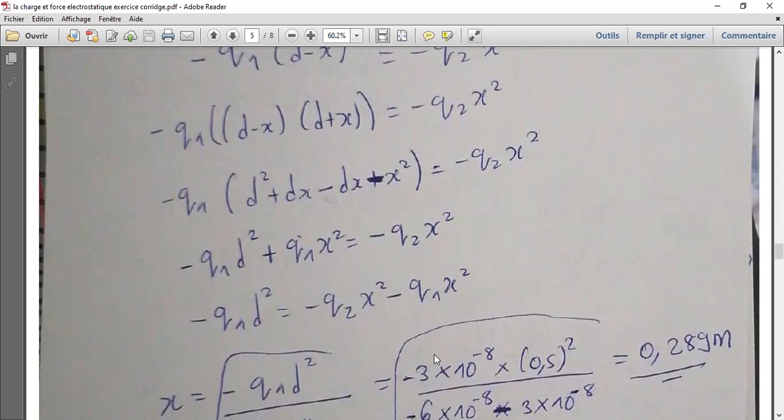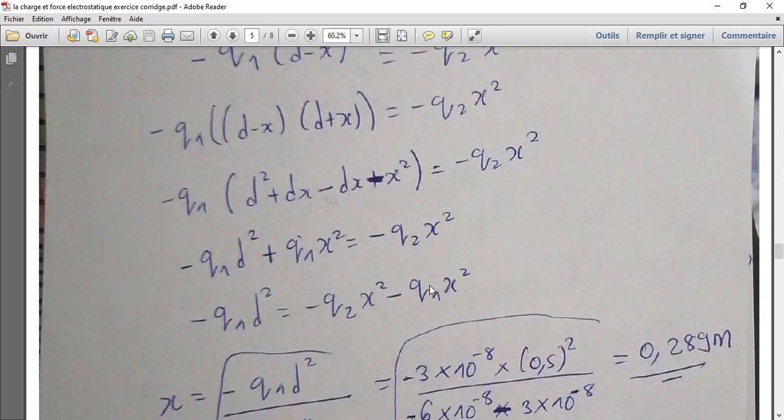Then from there, since you have seen the x squared term, and you are trying to find your x squared, the positive q1 x squared will go to the other side. When it goes to the other side, it will become what? Negative. When it becomes negative, you do the factorizing where you remove the x squared, and you have negative q2 minus q1.